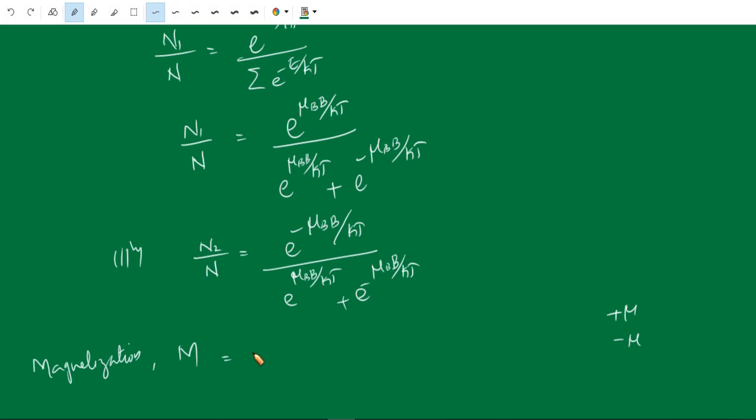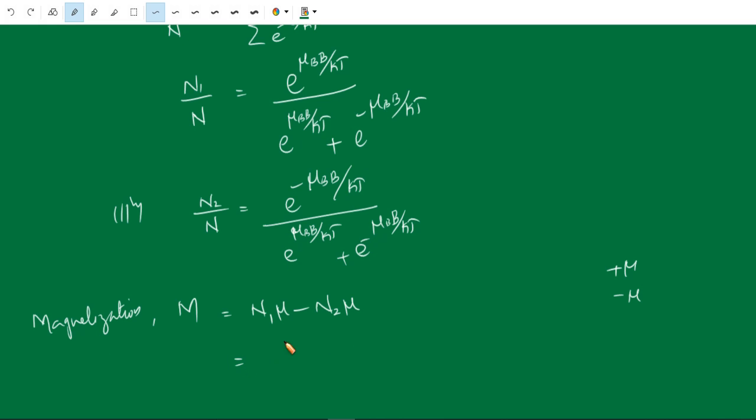So therefore N1 mu minus N2 mu is the total magnetization, where N1 and N2 are the number of particles per unit volume in each case. Okay, so therefore (N1 minus N2) times mu.